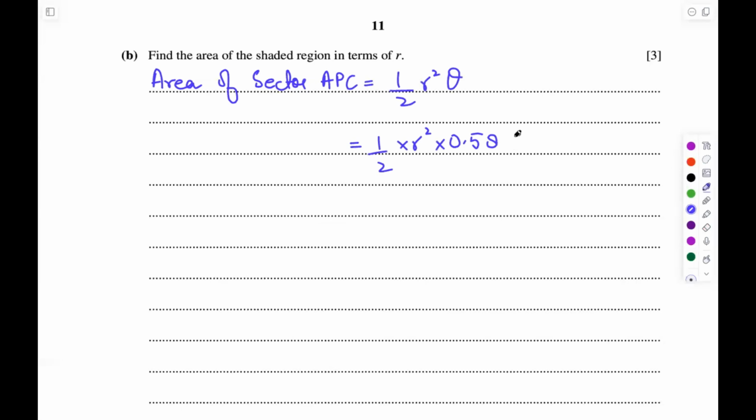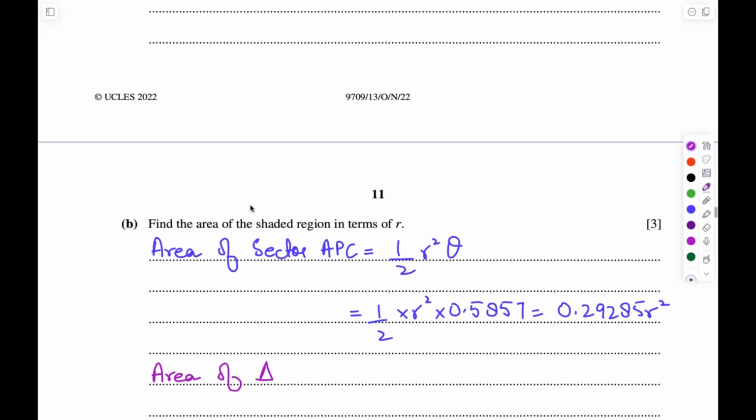So dividing 0.5857 by 2, the answer will be 0.29285. So this will be 0.29285 R squared. And now finding the area of the triangle.